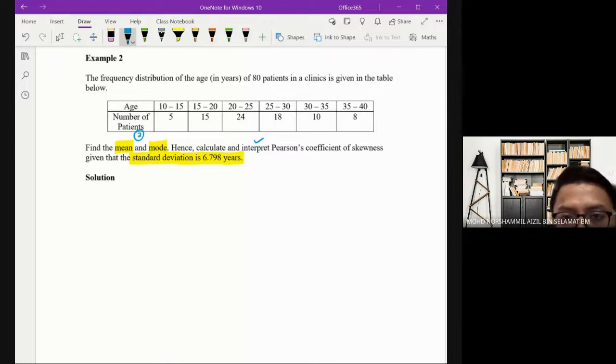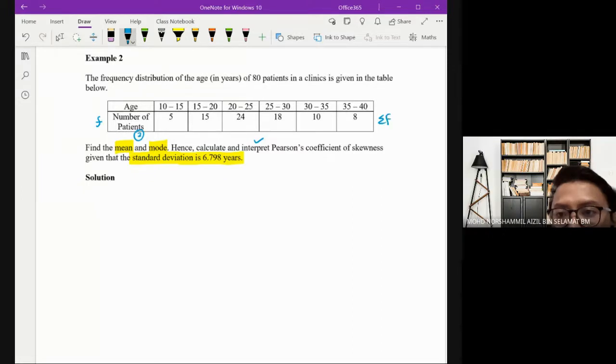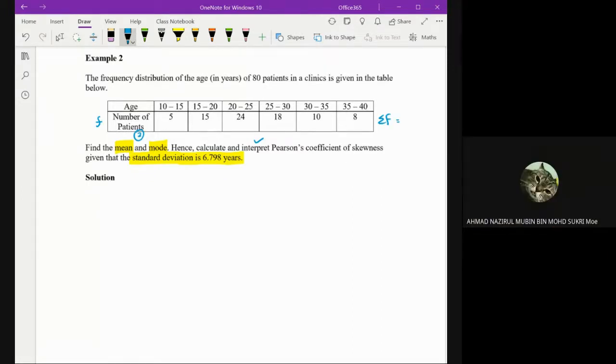Alright, guys, the number of patients we denote as f, right? So what is the total f? 80.